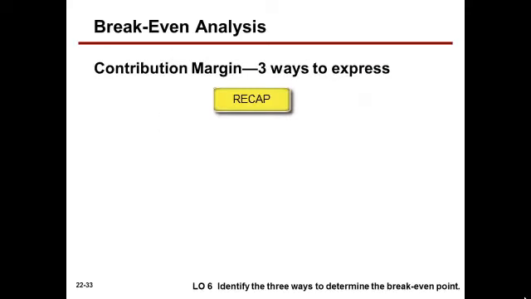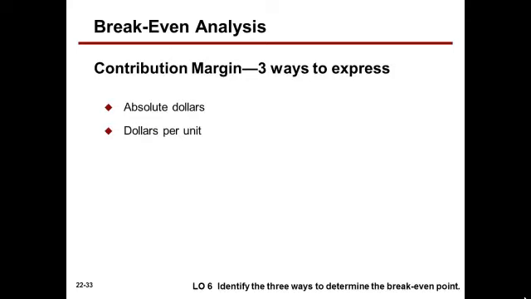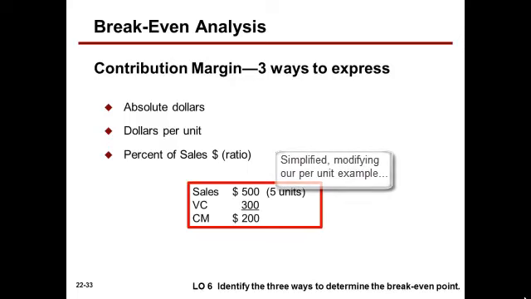There are three ways to express contribution margin. 1, absolute dollars. 2, dollars per unit. And 3, percent of sales, the ratio that we've seen. Let me use the following simple example to express this. Let's say we have sales of $500 in total of 5 units.